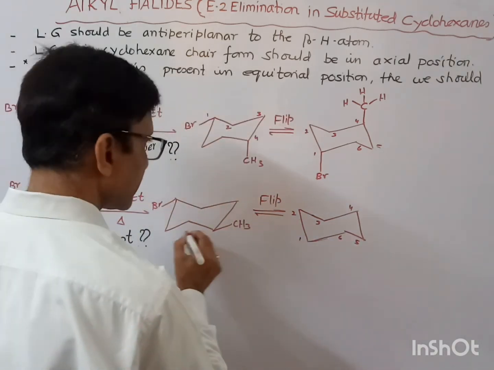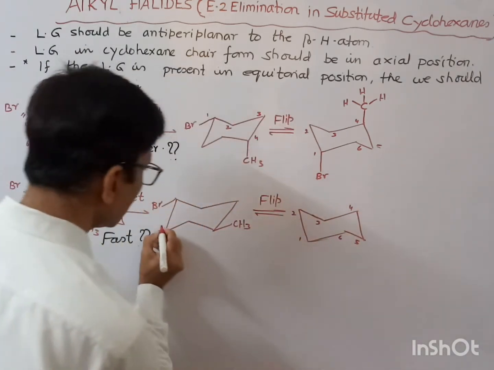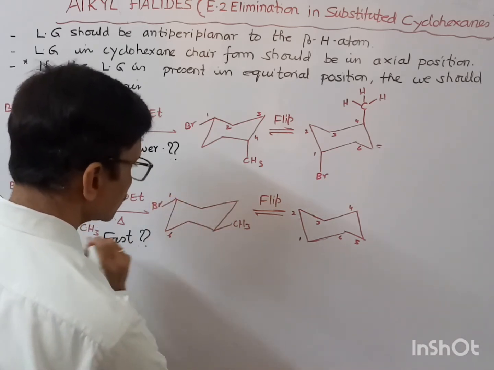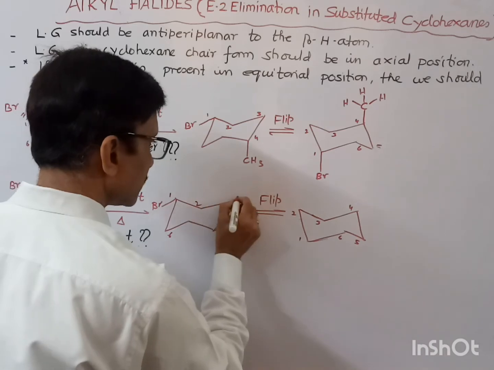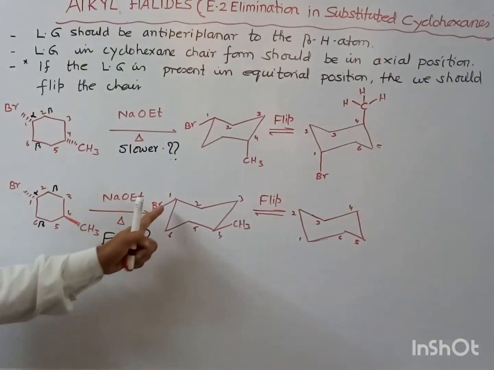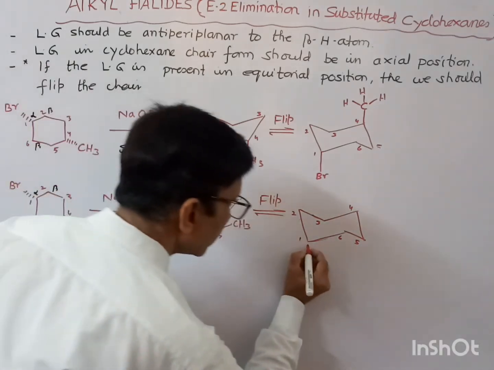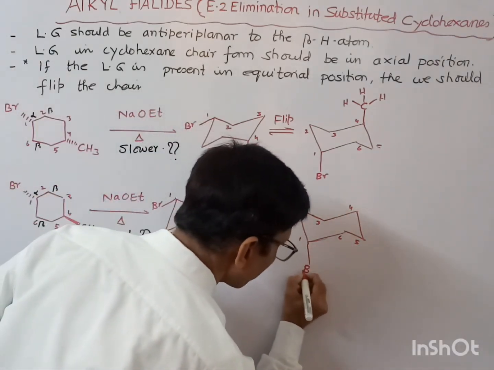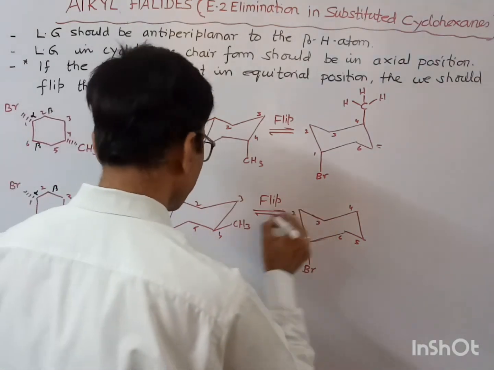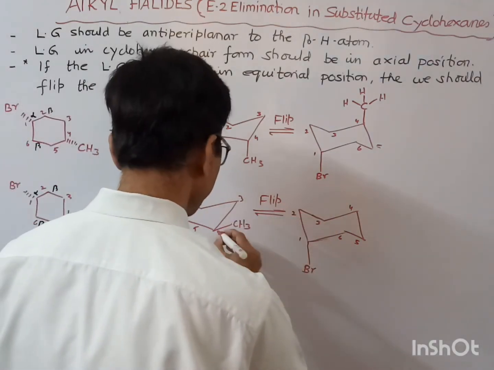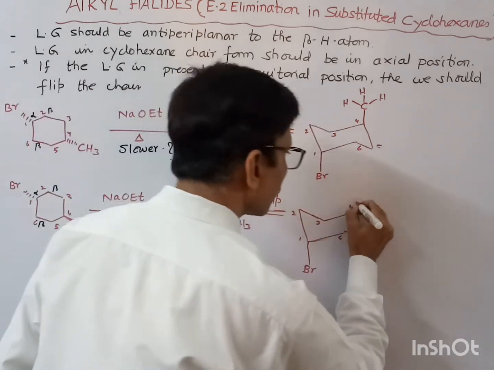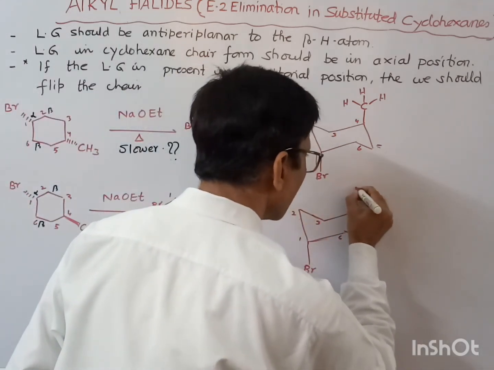So bromine again at first position, and this is the sixth position, second, third, fourth and fifth, sixth. Okay, right. So now after flipping, this bromine comes here, and what you will see is at fourth position CH3 is above.